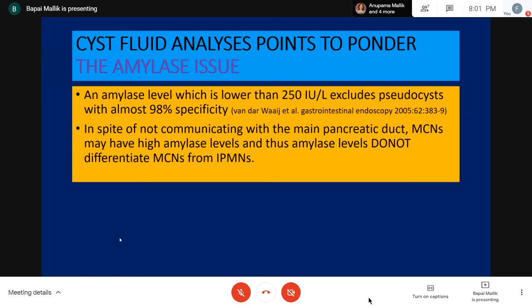So one expects that if one has to differentiate between the mucinous cystic neoplasm and IPMN, one must just say that if the level of amylase is high, it is most likely an IPMN. That is not the case, because for some reason, some mucinous cystic neoplasms show high amylase levels. So you cannot use amylase levels to differentiate between them.